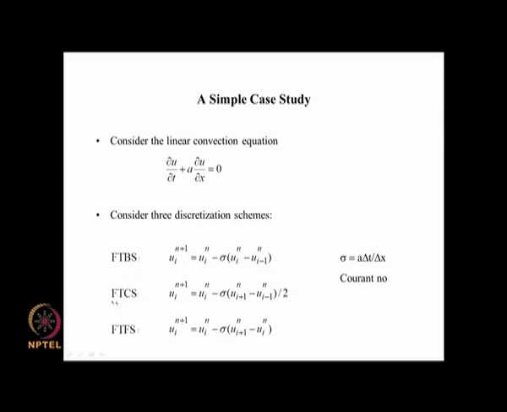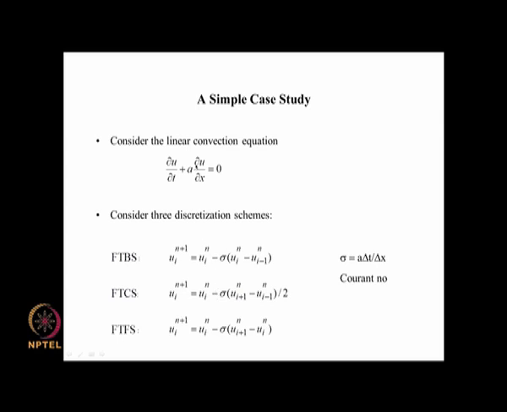In FTCS we have the same forward in time, because forward in time with an explicit method will enable us to get a quick solution, and at this stage we want to test with simple expressions. So, you have the same ui n plus 1 minus ui n, but this space derivative is expressed in terms of central differences.